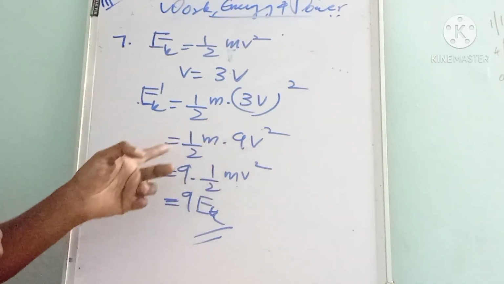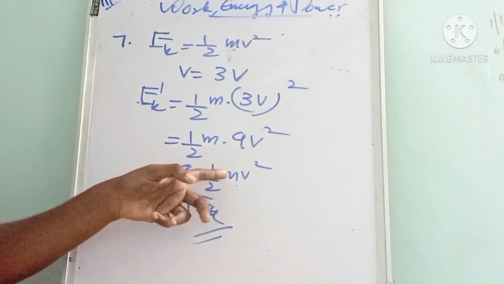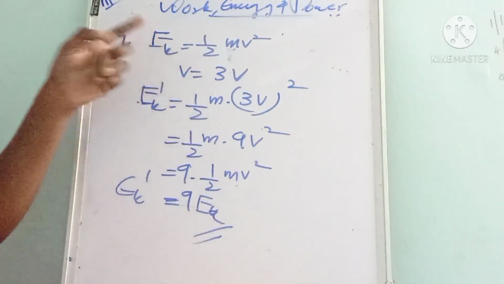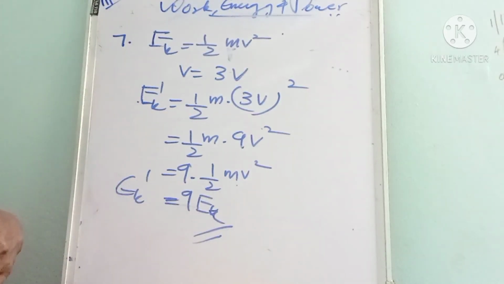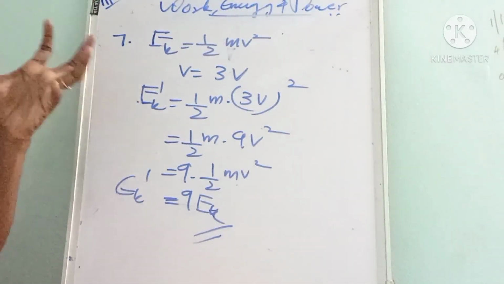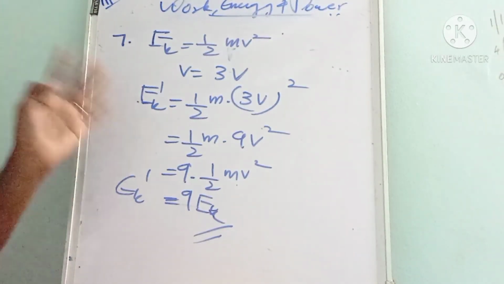Then we write the 9 first: 9 into half mv square. Instead of half mv square we write Ek. So Ek dash is equal to 9 Ek. That is, the kinetic energy increases by 9 times that of earlier. Suppose the velocity is tripled, the kinetic energy increases by 9 times.